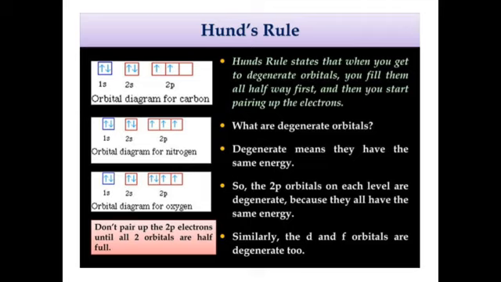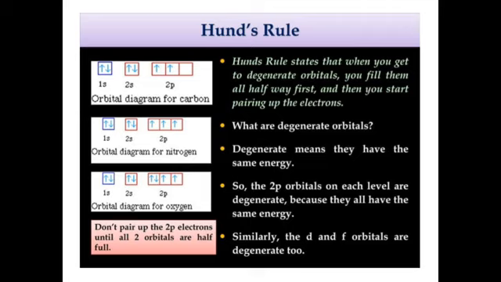Now, 2p has a maximum of 6, 2 in each box of the 2p. 2p is degenerate because they are in the same energy level. Now, what Hund is trying to say is that if you are filling them up, you fill them singly before you start pairing them.